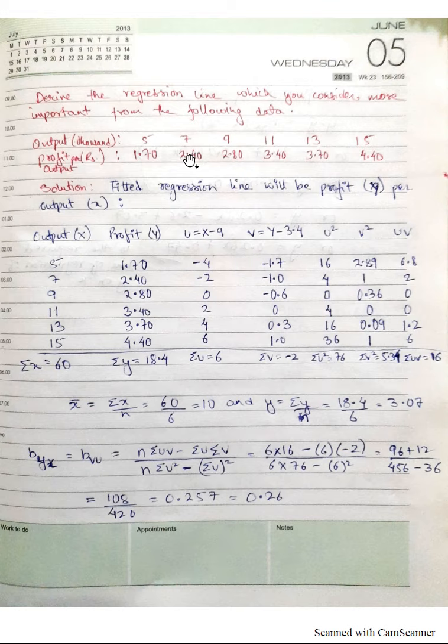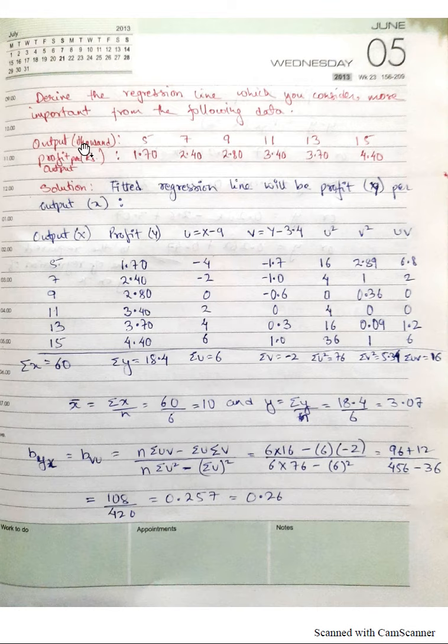Profit per unit earned by selling 7 units is 2.40 rupees. Profit per unit earned by selling 9 units is rupees 2.80. Profit per unit earned by selling 11 units is rupees 3.40. Profit per unit by selling 13 units is 3.70, and profit per unit by selling 15 units is 4.40. So this is the given data. You are asked to find the regression line which you consider more important from the following data.